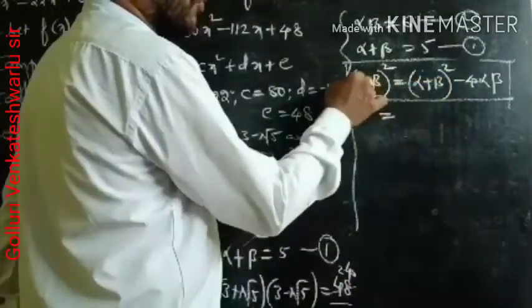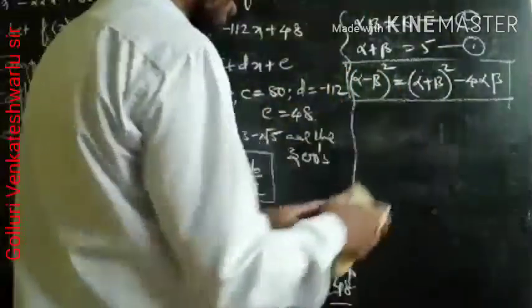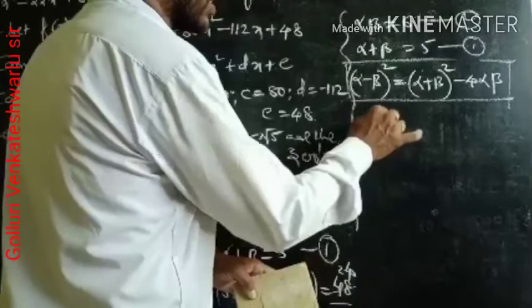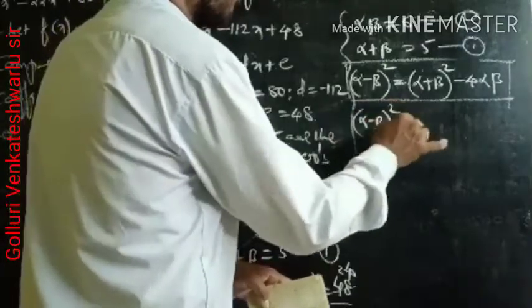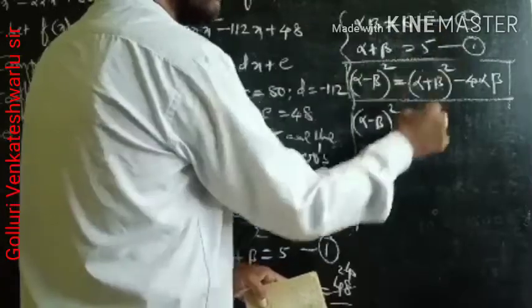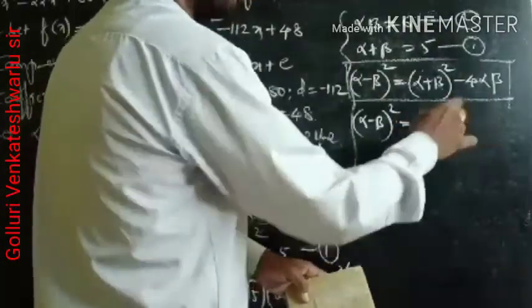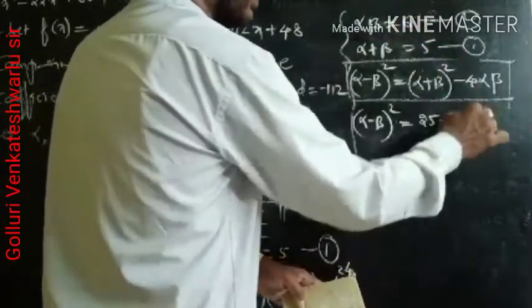We know the value of alpha plus beta, but we don't know the value of alpha minus beta. So alpha minus beta whole square is equal to 5 square, value 25, minus 4 times alpha beta, whose value is 6.